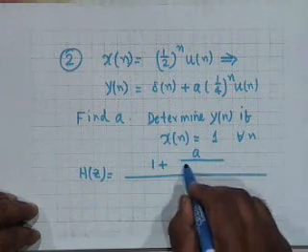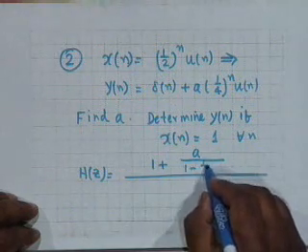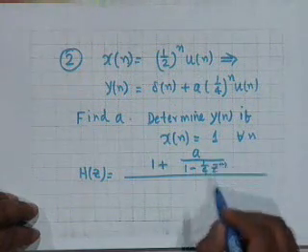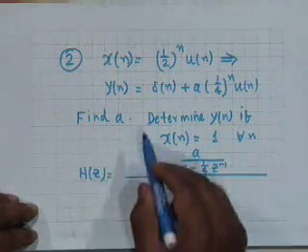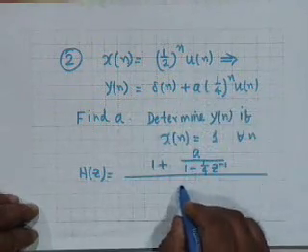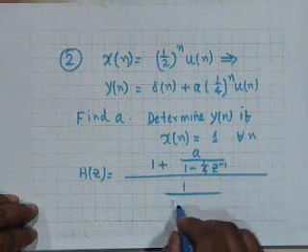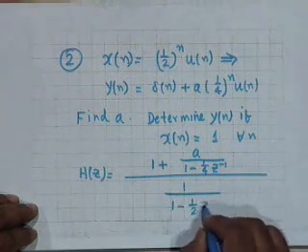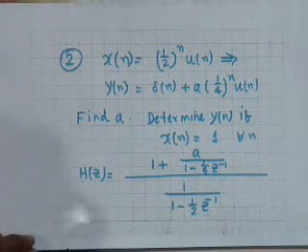A divided by 1 minus 1/4 z inverse, divided by, since x of n is half to the n u of n, 1 by 1 minus half z inverse.